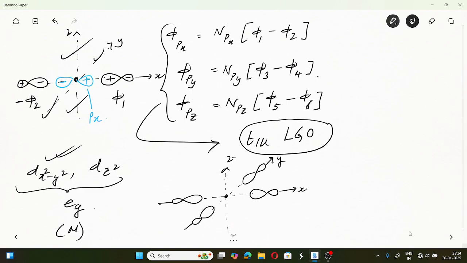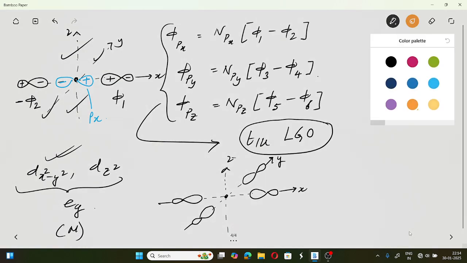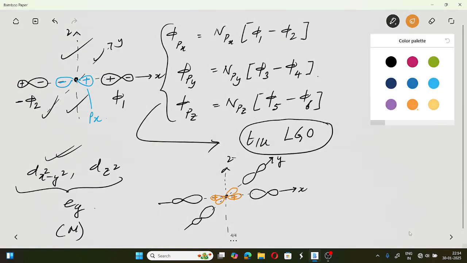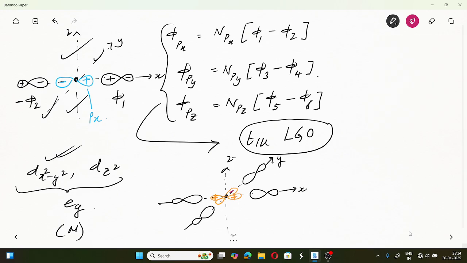Now, if you look at the dx square minus y square orbital, this is the shape of dx square minus y square, where if this is in positive phase, this should also be in positive phase, and the other two lobes will be in negative phase.